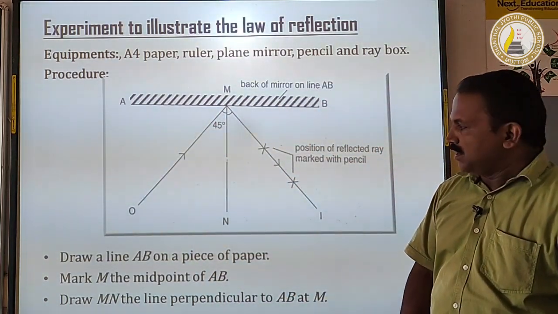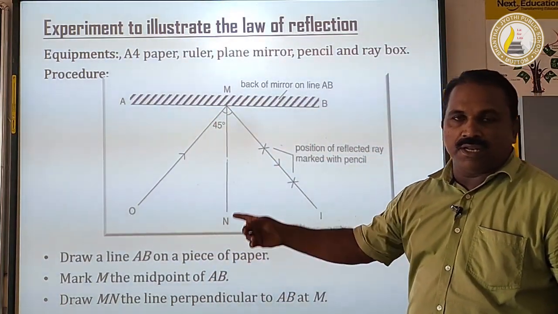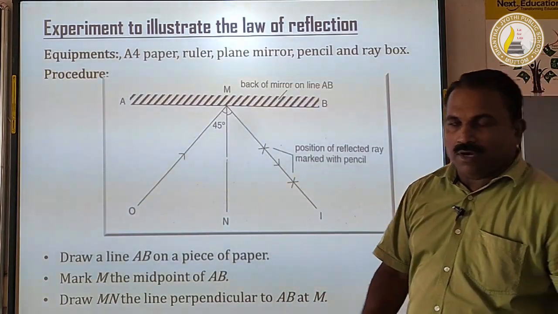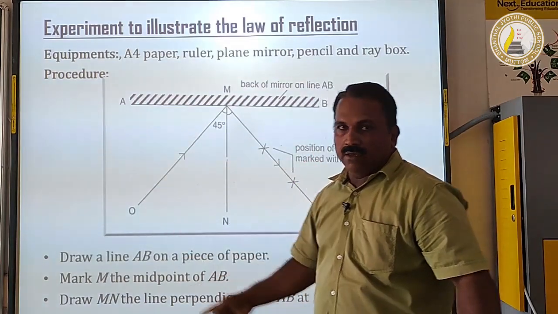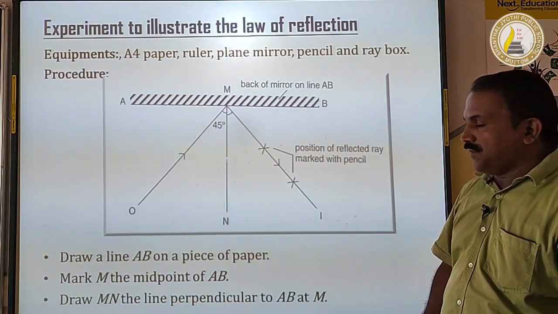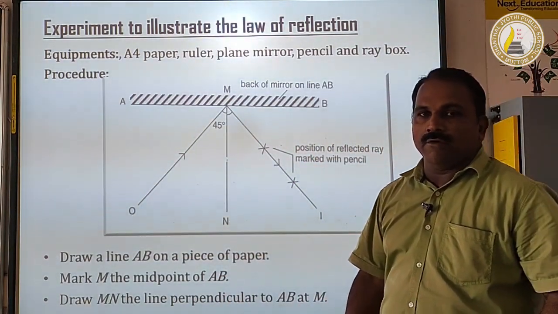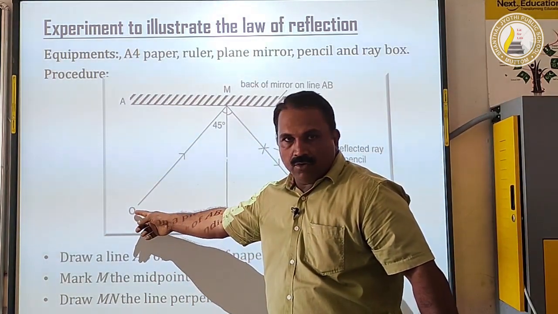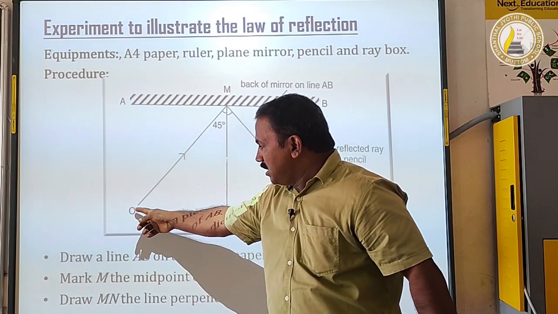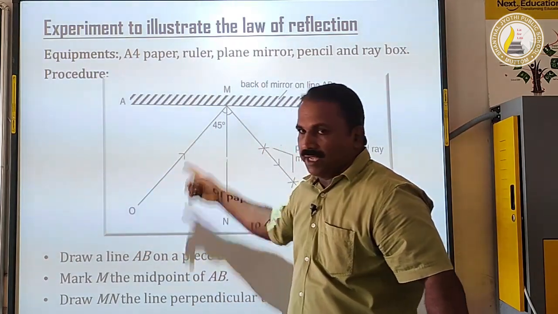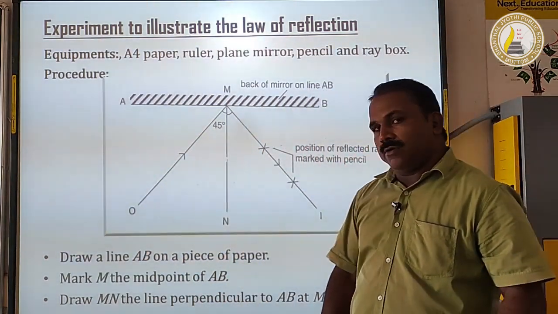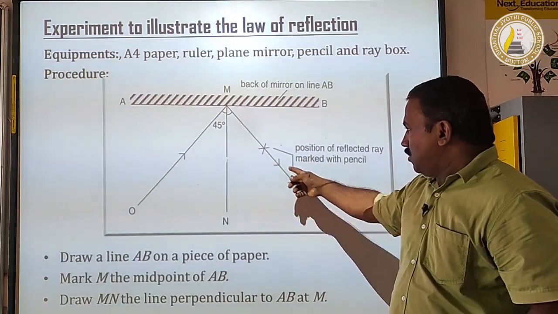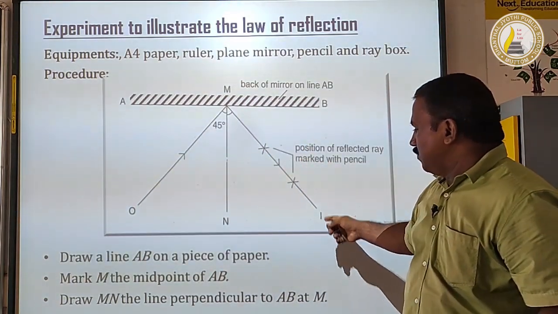The incident ray passes through at 45 degrees. We have already drawn one line, so the angle of incidence is 45 degrees. Then place the ray box or laser light and pass the light along this line. Then the ray of light strikes the mirror and reflects. In this way it will reflect.